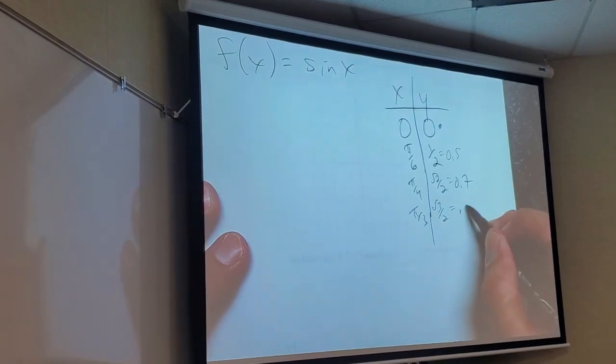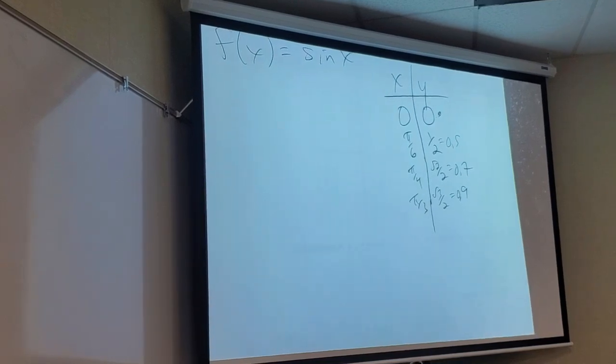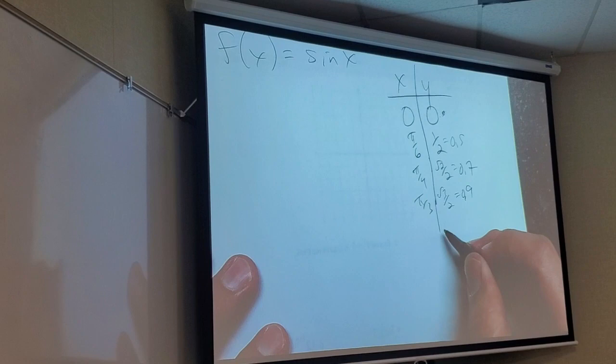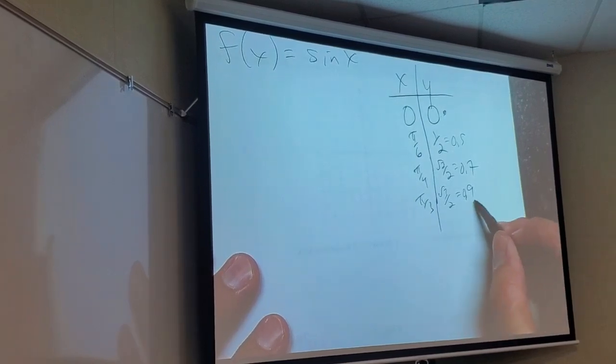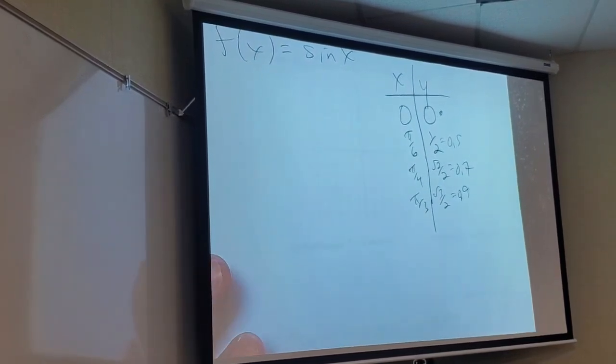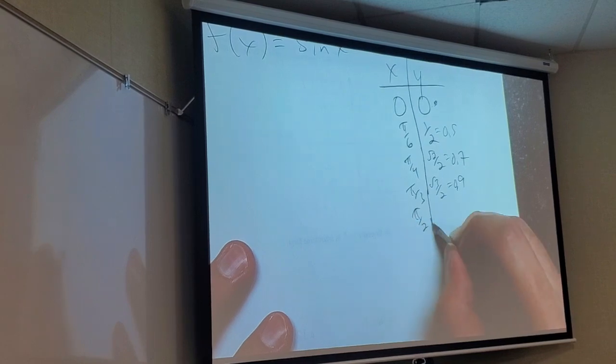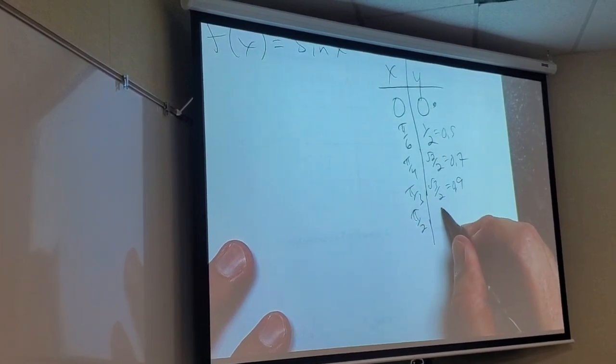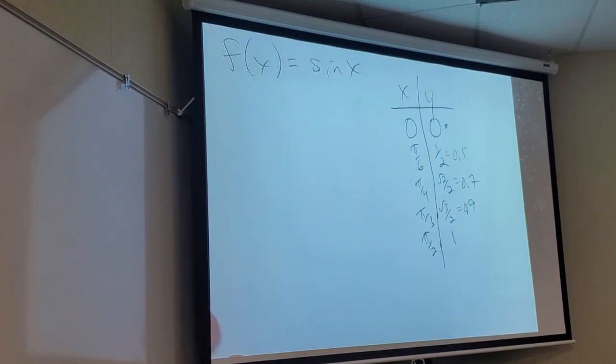Okay, so we'll round to one decimal place because we're going to graph these by hand. And then the next one obviously is pi over 2, which is 1.